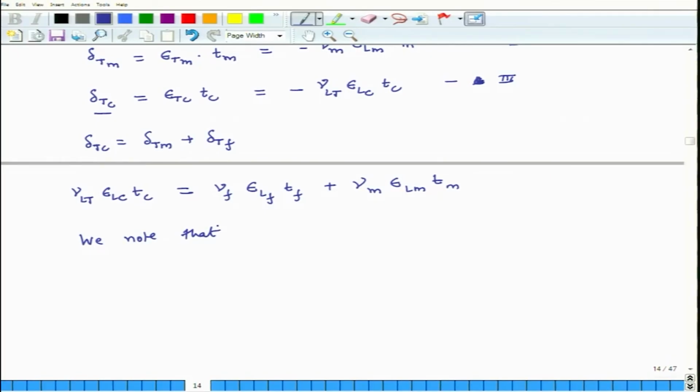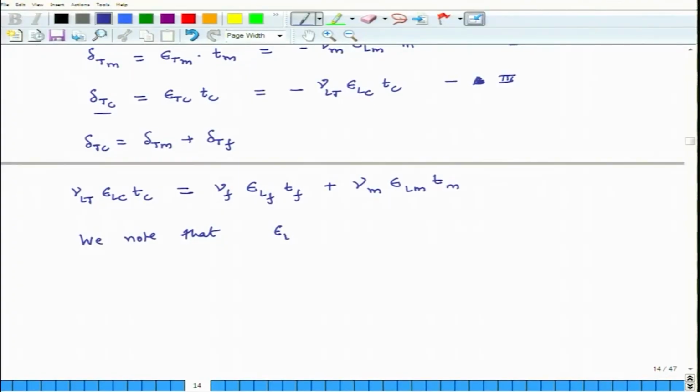so whenever I have a unidirectional composite, when I pull it in the longitudinal direction, we had said earlier that the strain in the composite, strain in fiber and strain in matrix are same. Okay. So, we note that epsilon Lc equals epsilon Lf equals epsilon Lm.